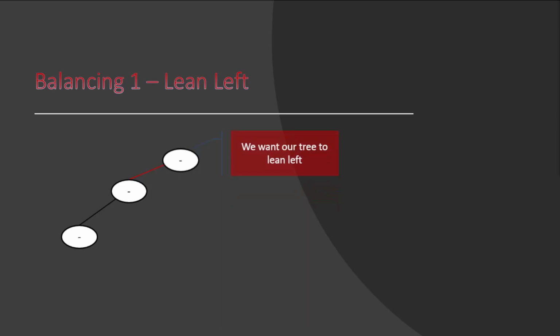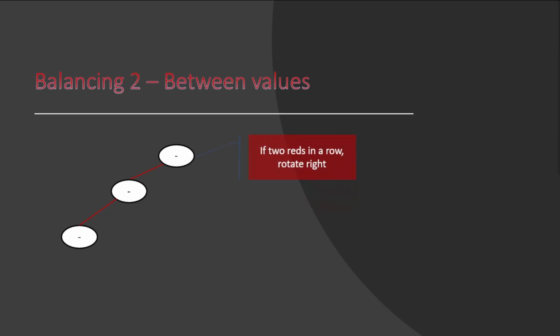Okay, so we're going to lean our tree left. So we have the red now pointing left, but we end up with a slightly taller tree in the meantime. If that ends up resulting in a tree that is now left, left leaning, then what I want to do is rotate right.